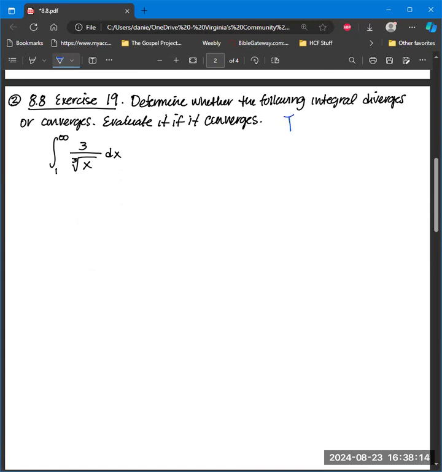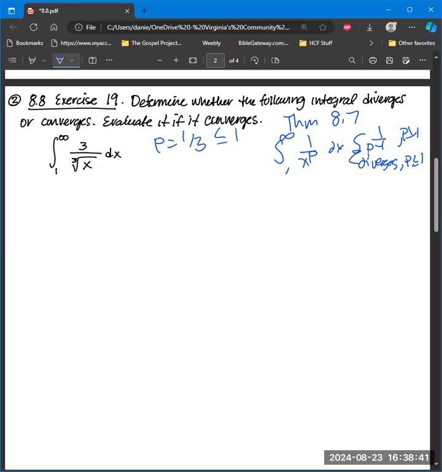Remember, Theorem 8.7 tells us that if we're going from 1 to infinity of 1 over x to the p dx, it converges to 1 over p minus 1 if p is greater than 1, and it diverges if p is less than or equal to 1. P in this case is equal to 1/3, which is less than or equal to 1, so it diverges.